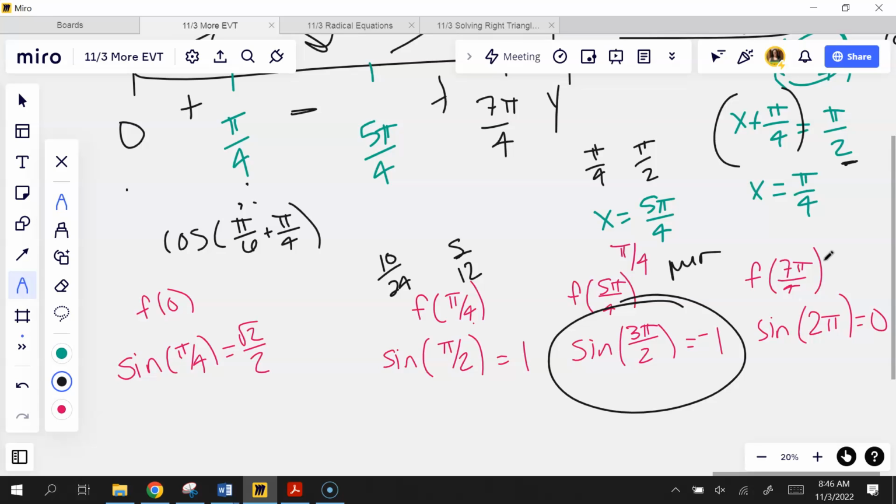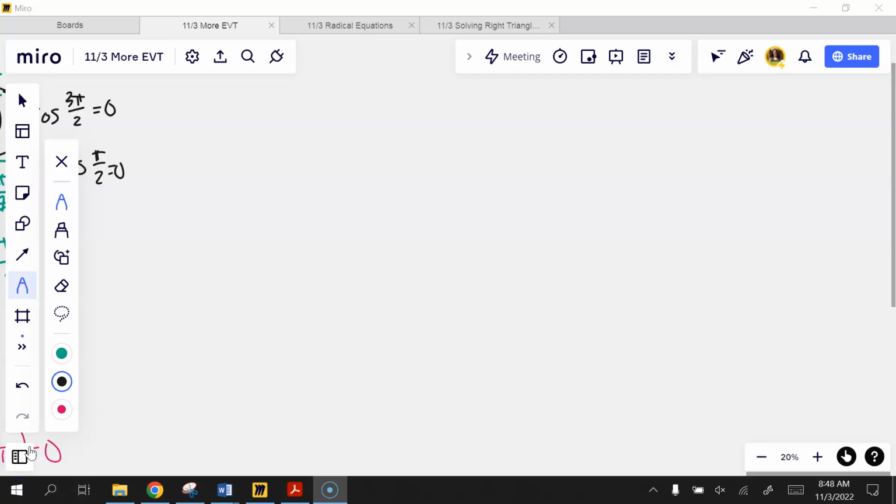Where's your maximum? Is it 1 or is it square root 2 over 2? You'd have to be square root of 4 over 2 to get to 1.